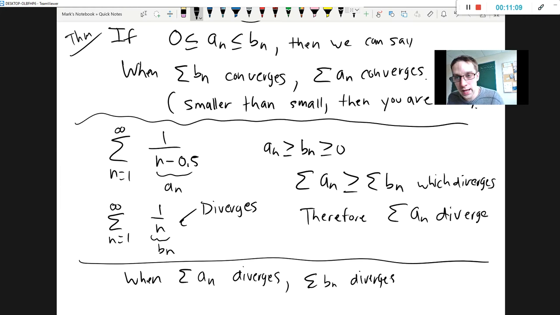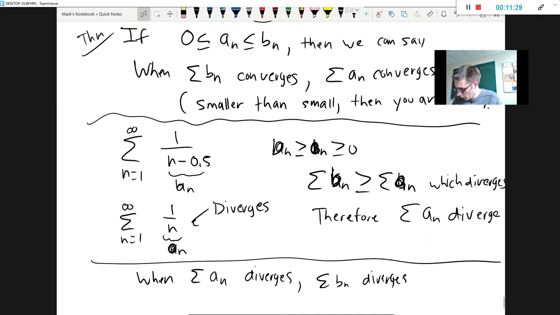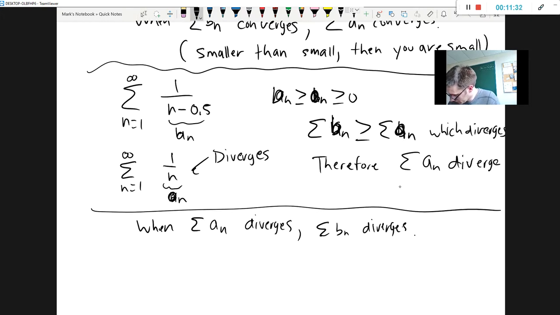And here I'm using AN and BN slightly differently than the example above. If we want to rename it to make it consistent, we could do that. All right, so if the smaller series diverges, well, then the bigger one must diverge as well. And that can be summarized saying bigger than big means you are big.